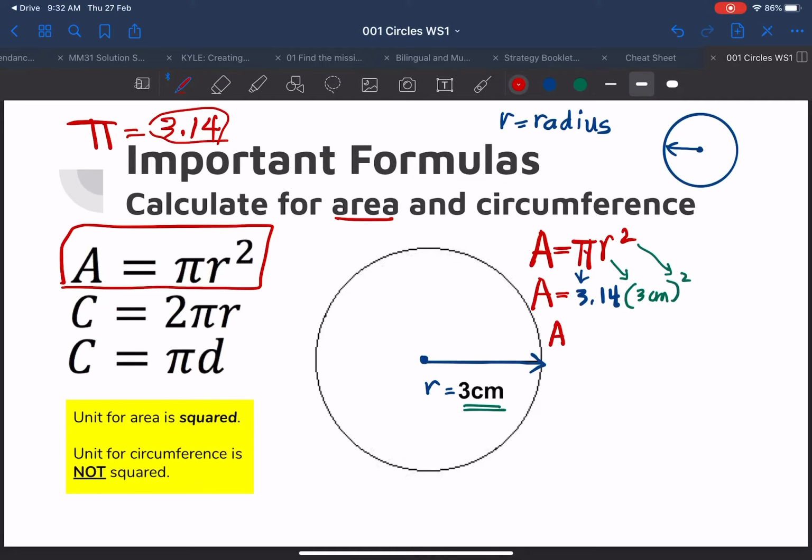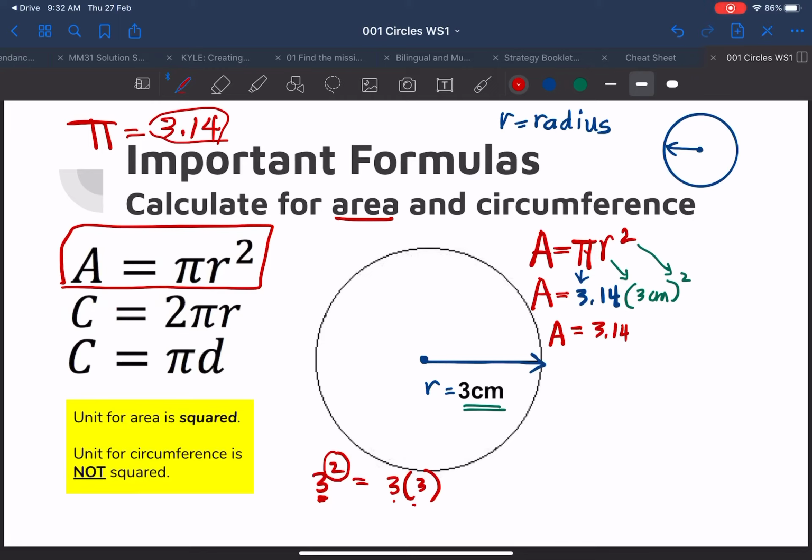A is equal to 3.14, and then I'm going to expand this to avoid confusion. Please know that when you square a number, 3 squared is equal to 3 times 3. You are multiplying the base by itself twice because the index says do it 2 times.